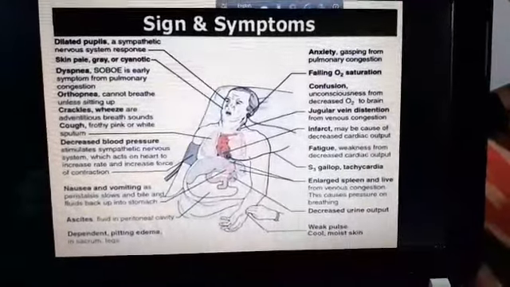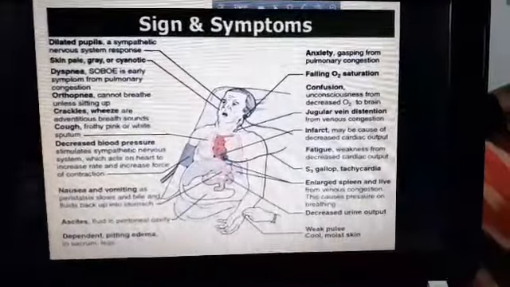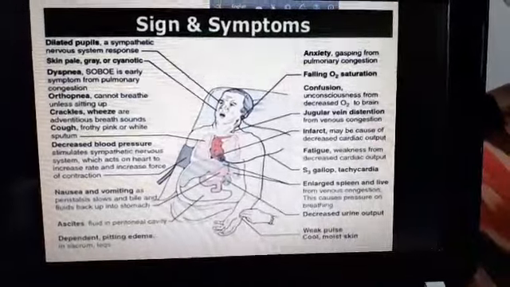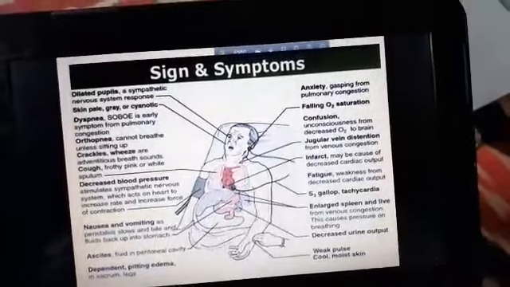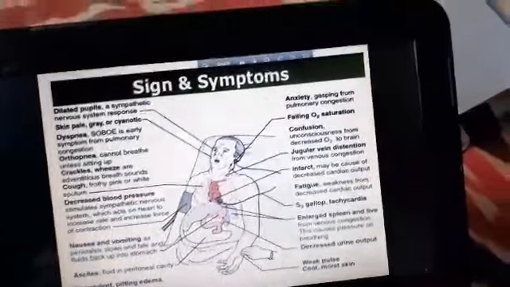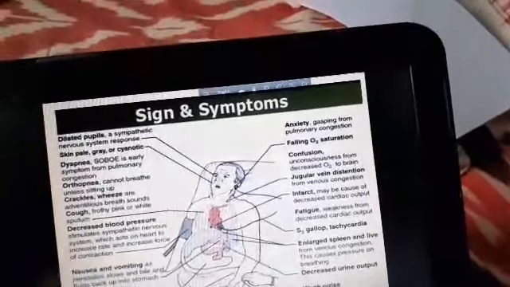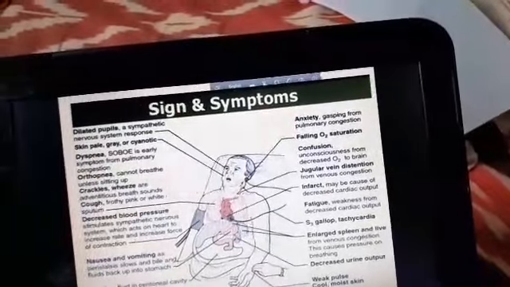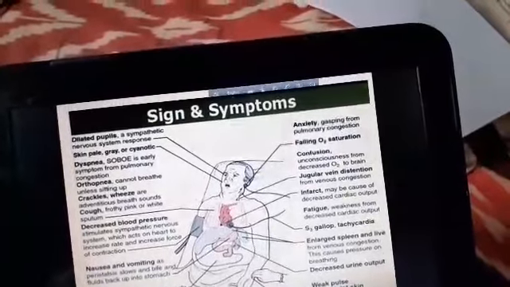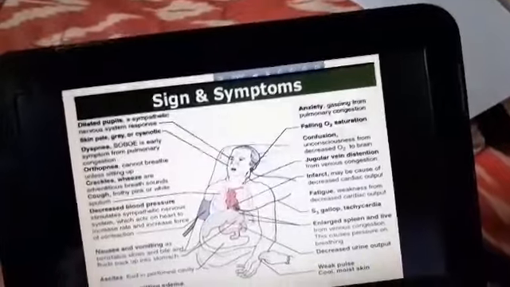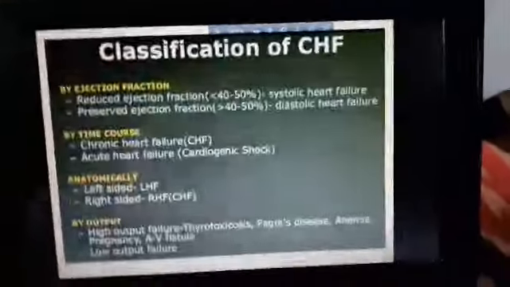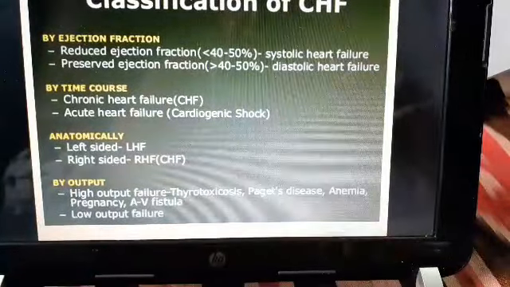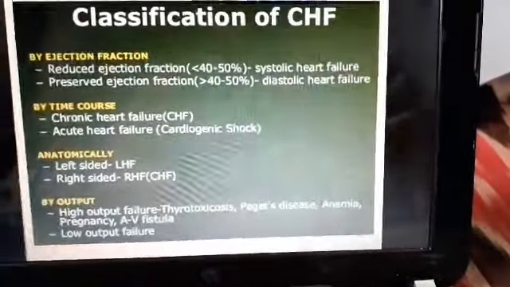When the ejection fraction is more than 50%, we call it heart failure with preserved ejection fraction, HFpEF. And if it is between 40 to 49%, we call it heart failure with mildly reduced ejection fraction, HFmrEF. Also, heart failure can be acute and chronic, and anatomically it can be left-sided or right-sided.